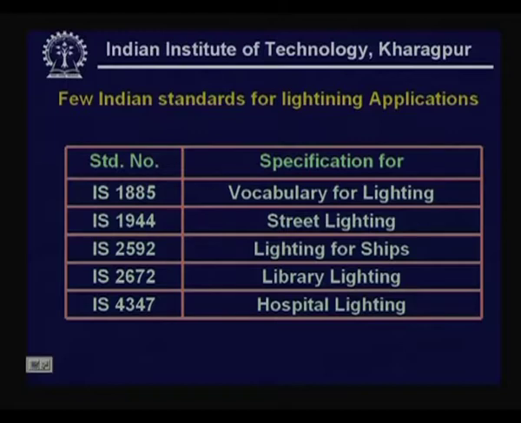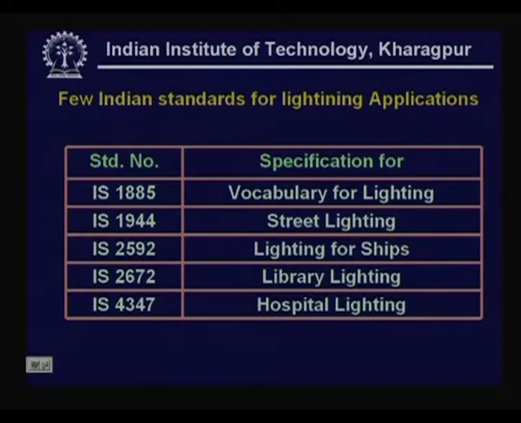Lighting for ships, which we have not really covered, is included in IS 2592, it's onboard lighting. Libraries are places with large reading rooms, so IS 2672. Hospitals, we did mention hospitals have 3 categories of users where the lighting requirements could be based on the user requirement.